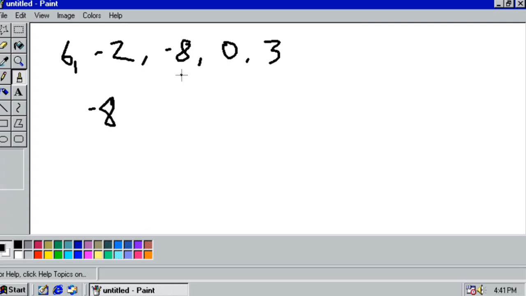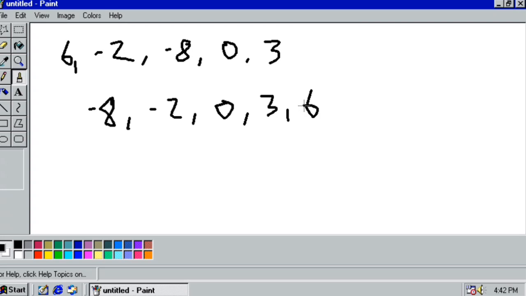Since we're dealing with negatives, you're going to find the big number that is on the negative, that's our number with the least value. So next is -2. Then we have 0, 3, and 6.